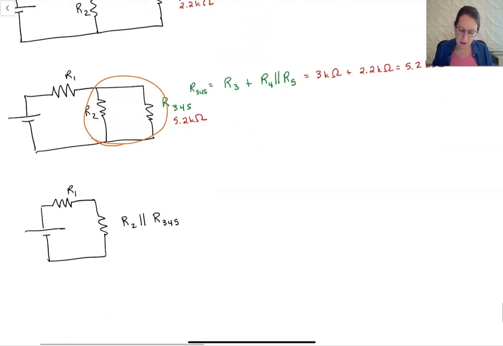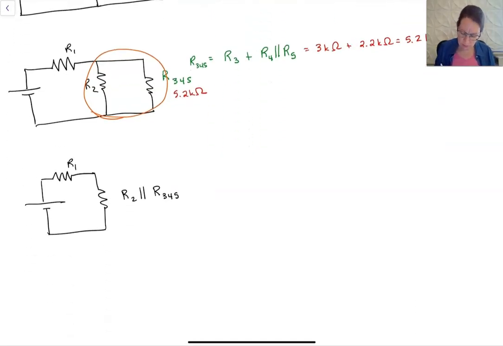And then the parallel group, this is going to be 1 over 2 plus 1 over 5.2, to the minus 1 kiloohms. And that I get to be 1.44 kiloohms.